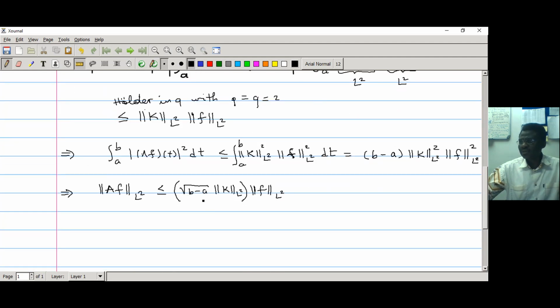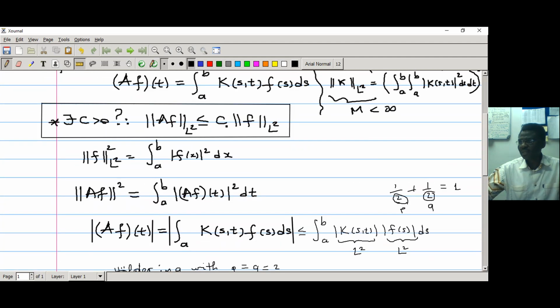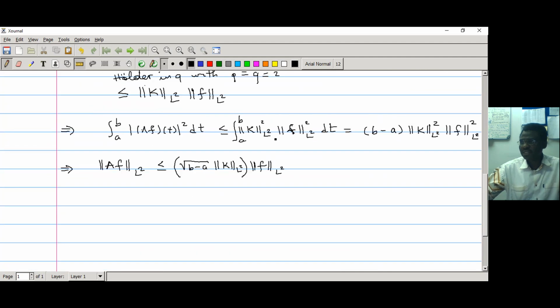And that is it. This is our constant c. We are looking for c. So we have found it. This is our constant c, which is strictly greater than 0.